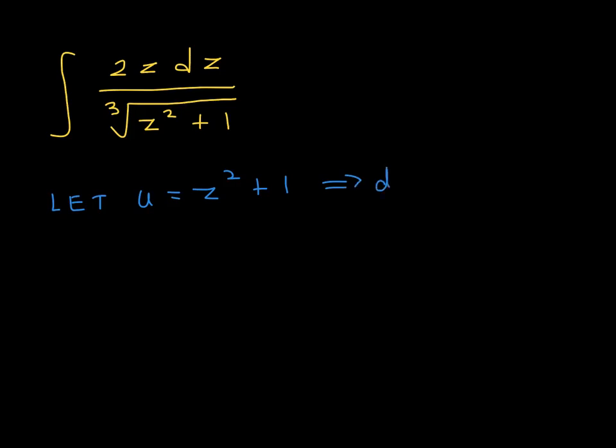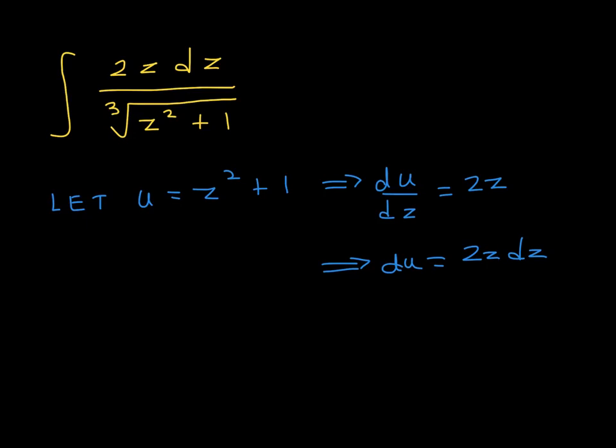So then du dz would be equal to 2z. So then du is equal to 2z dz, which is really good because that's the entire numerator.